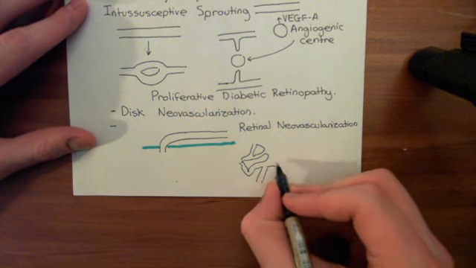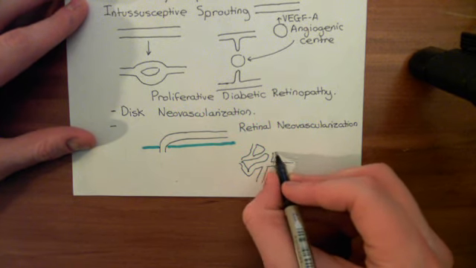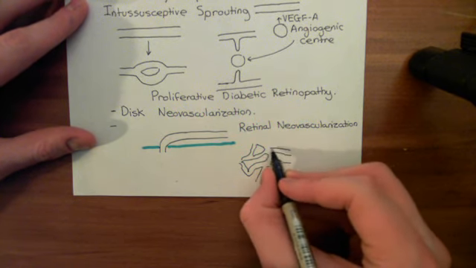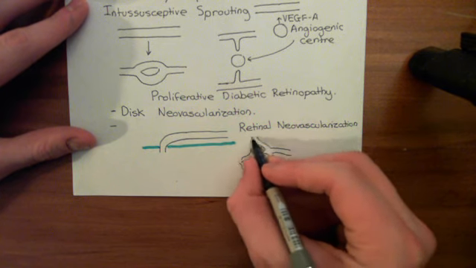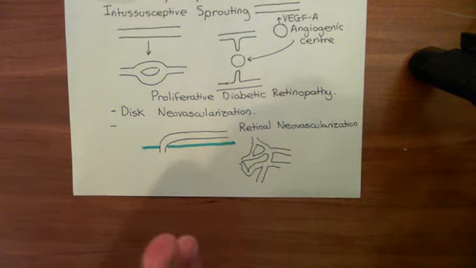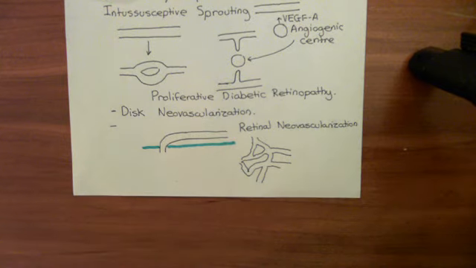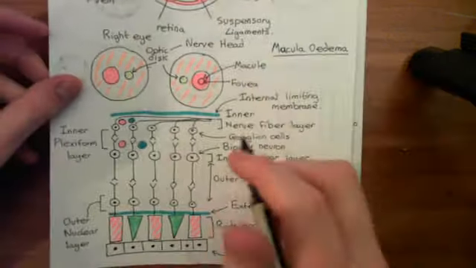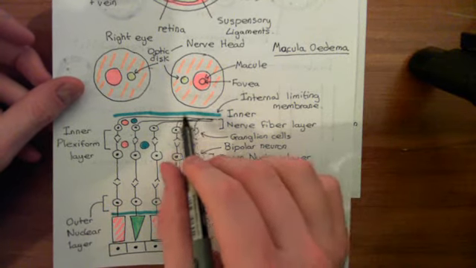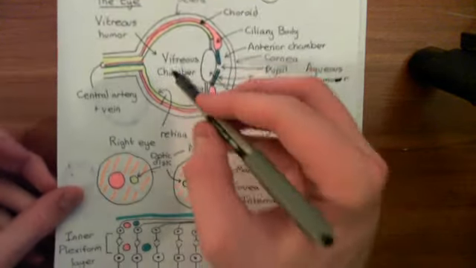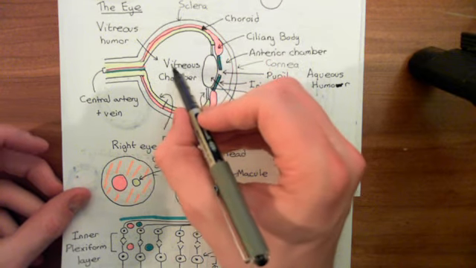Now let's think about where this meshwork actually is. Well, it's on the internal limiting membrane, but what faces the internal limiting membrane? Well, let me get my picture of the retina back again. So remember, the internal limiting membrane is the internal aspect of the retina, and it faces onto the vitreous chamber.